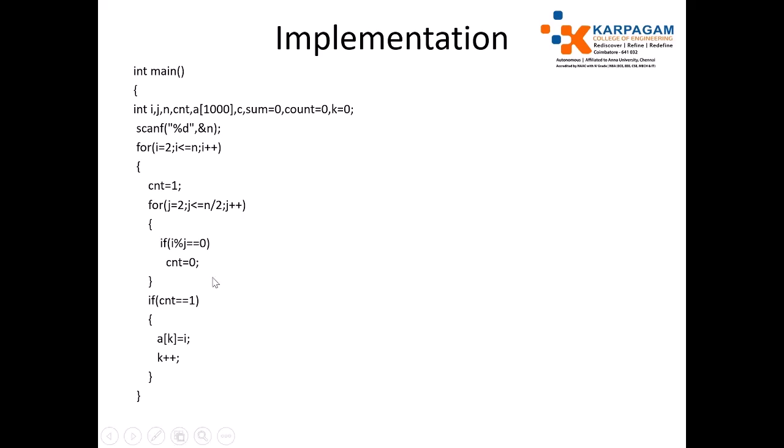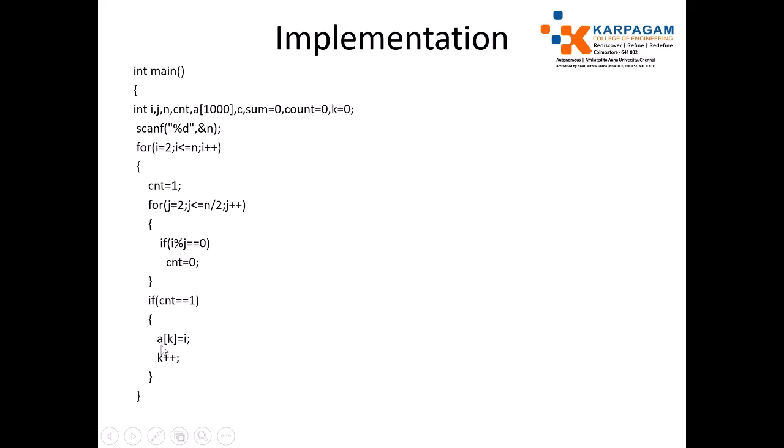If it is a prime number, this condition never works and that number is stored in the array. In a similar way, we are getting the next prime number by using this loop.